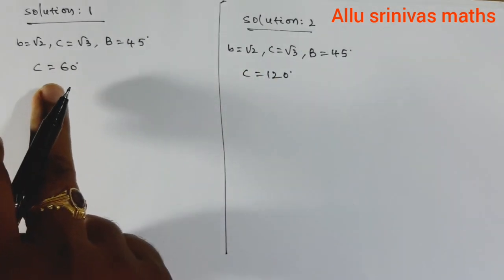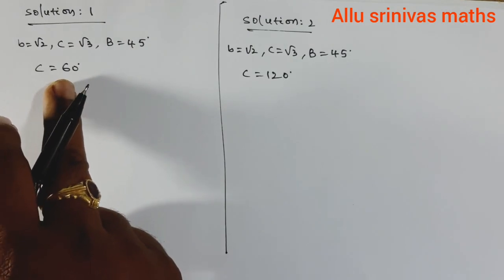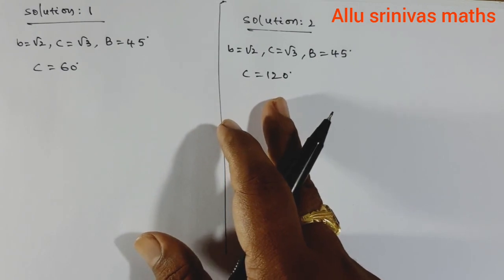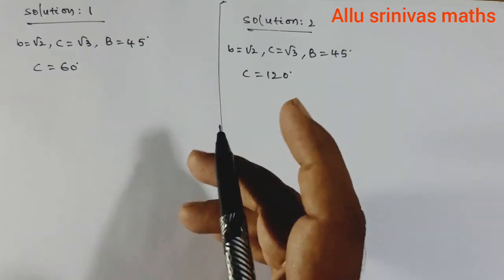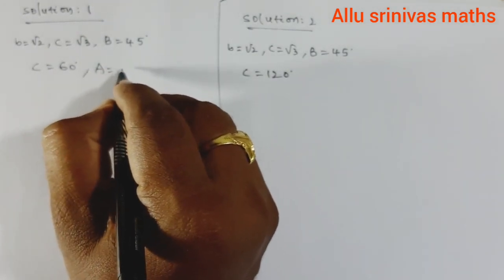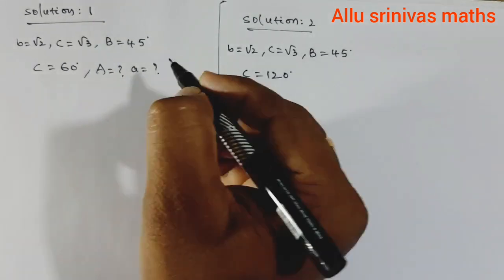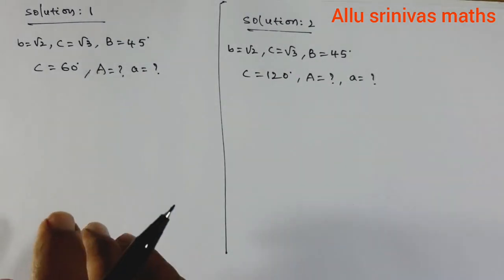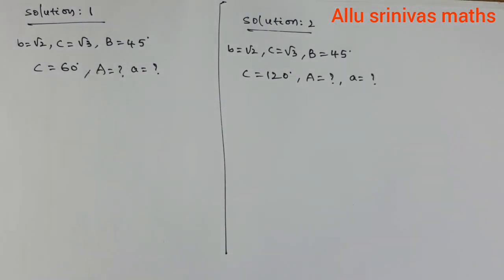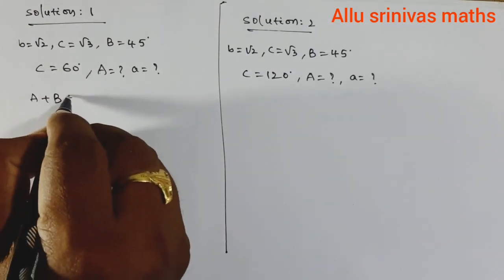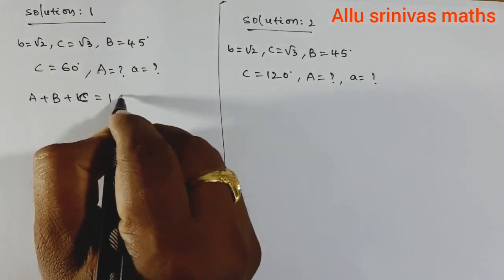In solution 1, the remaining values are angle A and side a. And also in solution 2, the remaining values are angle A and side a. First we have to find angle A. The relation between three angles is A plus B plus C equal to 180 degrees.